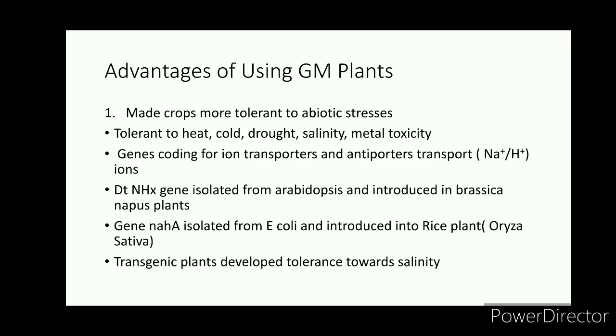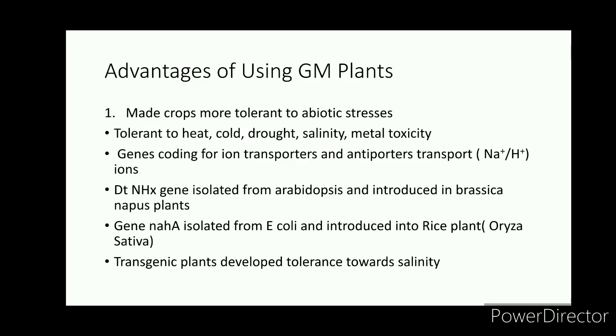It is introduced. Now you know how the gene can be introduced, how the recombinant DNA can be produced. Yes or no? The genetic material of the Brassica napus plants is isolated, and you are going to attach the DTNHX gene with a vector, and it is introduced into the Brassica napus plants by making the host competent. So for the plants, the method that is used is the gene gun method.